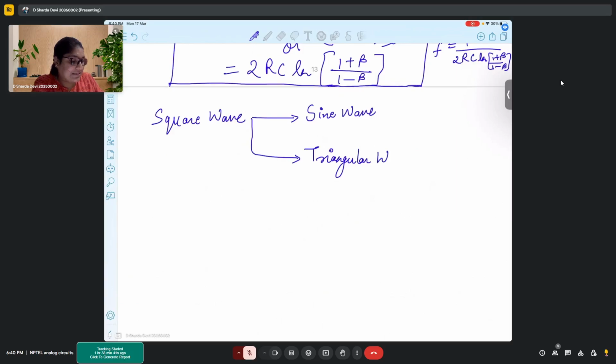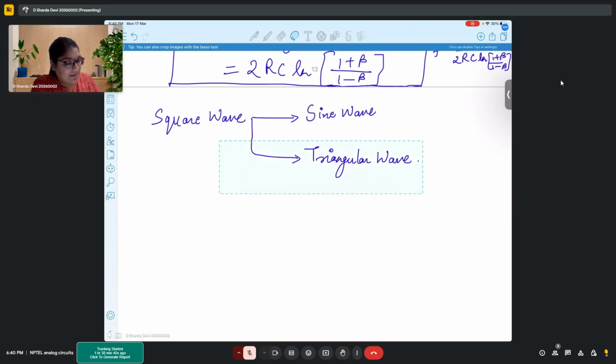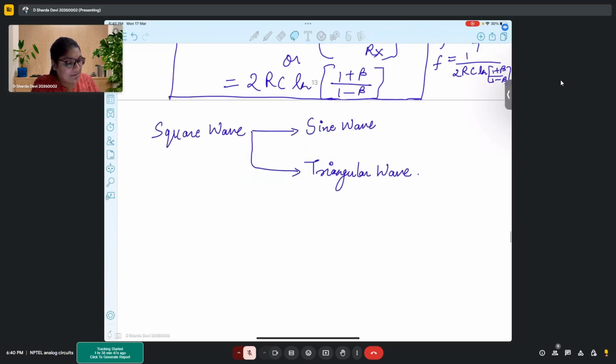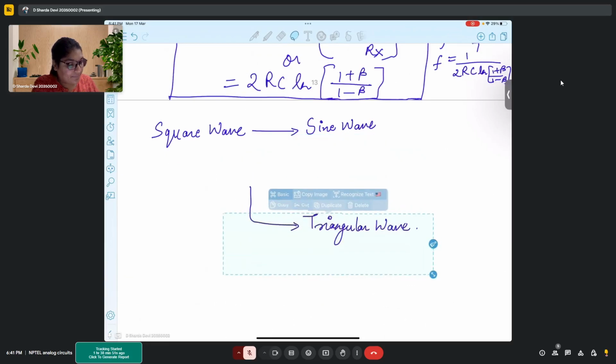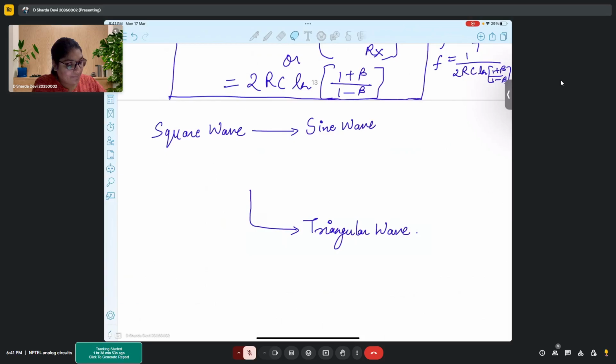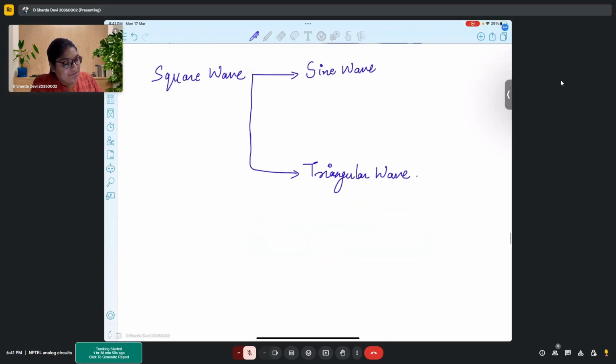Any ideas, anything that comes to your mind? Ma'am, for a square wave to a triangular wave, we can try an integrator or maybe a differentiator. Okay. So if we want to get a triangular wave from a square wave, we can use an integrator, right?